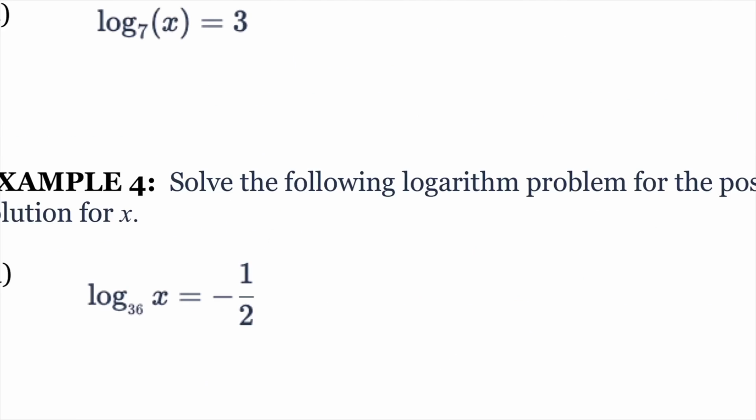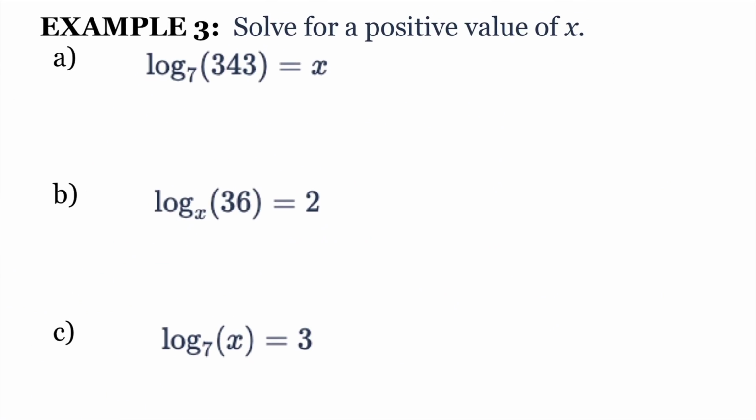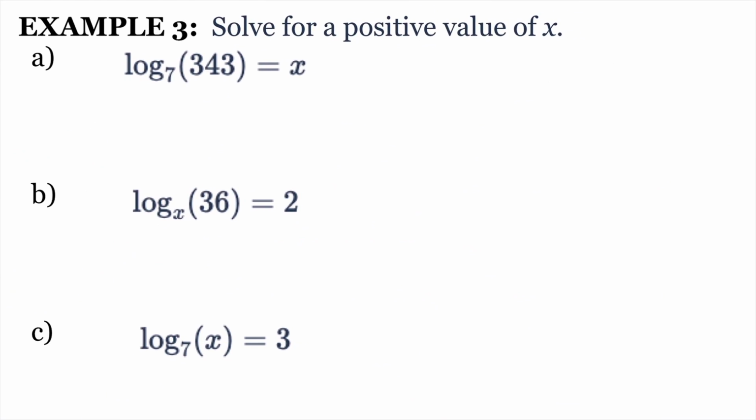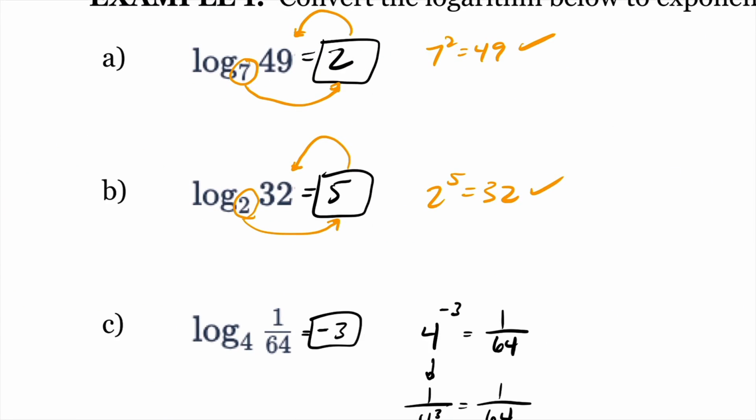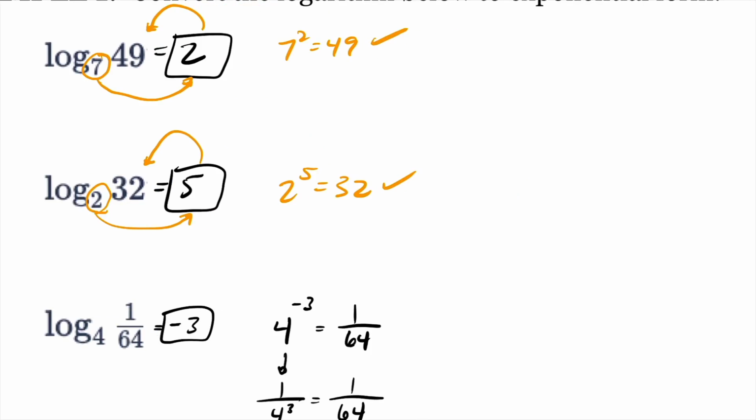All right. So now let's move up to example number 3. These are the same types of problems. They just have x's instead. They're the same type of problem as these over here. They just don't have blanks. They have unknowns, right?